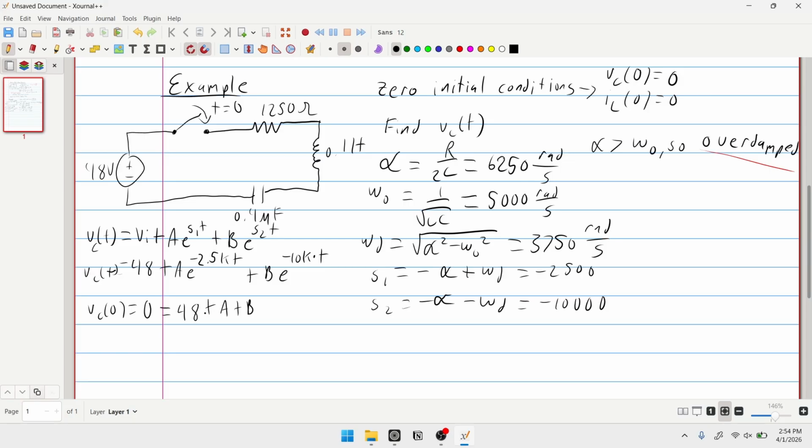Now we need to find our second equation, and we're going to start by knowing that iL equals the capacitor current, which equals C dVc/dt. We know that this is 0 from our 0 initial condition, so C dVc/dt equals 0.